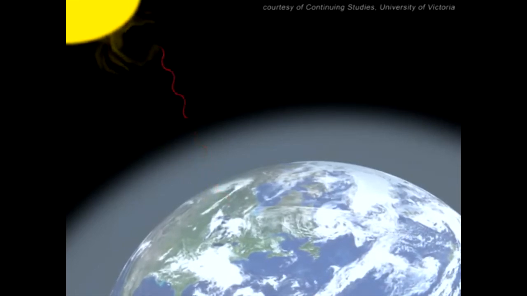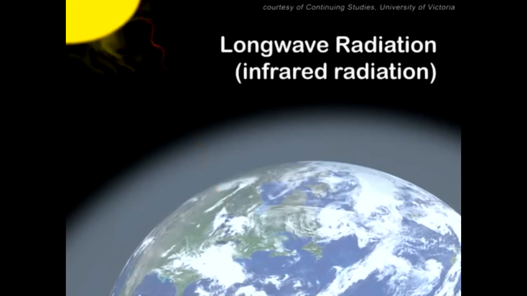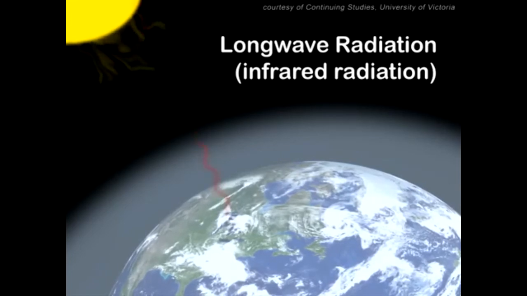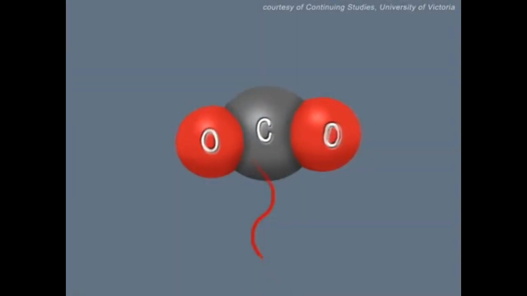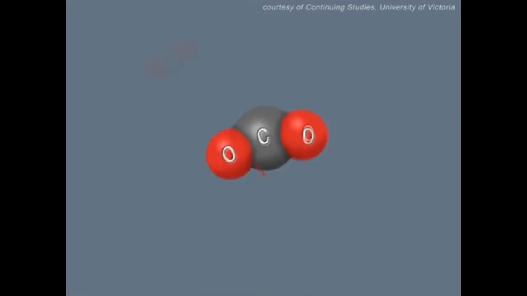But here's the rub. That outgoing radiation occurs in a different form called infrared or long-wave radiation. The atmosphere is not transparent to that outgoing infrared energy. Carbon dioxide molecules in fact absorb it, hold on to the energy for a moment, and then re-emit it. Some of that re-emission comes right back down at us as heat.